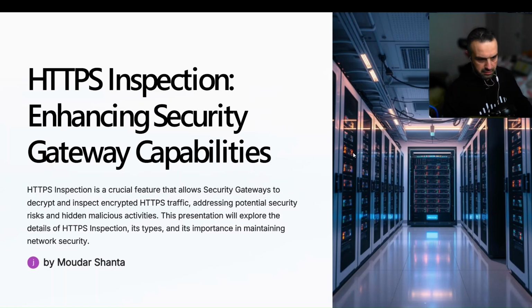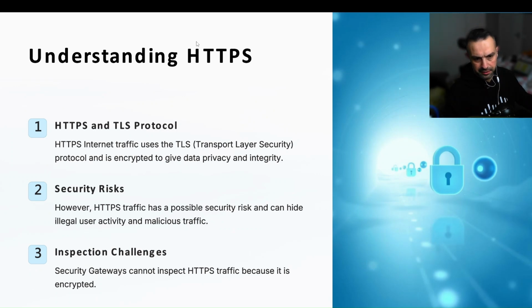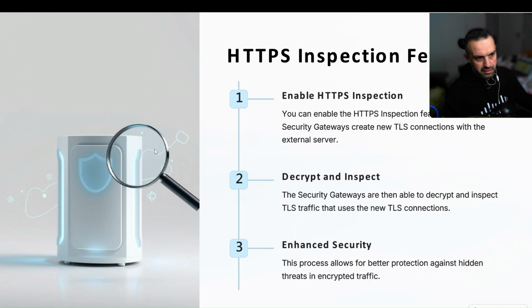So here, if we click once here, we can see the TLS protocol, its security risks, and the inspection challenge. So how does the HTTPS inspection feature work? We enable it as we have seen, decrypt and inspect, and this will enhance security. So this process allows for better protection against hidden threats in encrypted traffic.